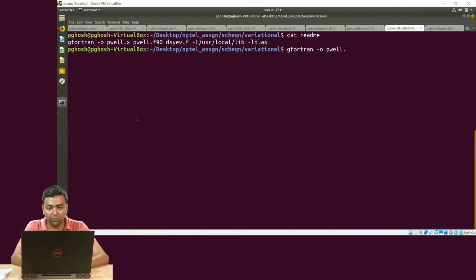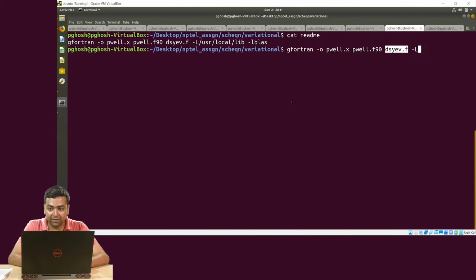The compiled output is stored in this file, pw.val.x. Then the name of the main program which I want to compile, the name of the subroutine which I will be using to diagonalize this matrix, and this particular subroutine needs to be linked to your BLAS library. So, that is done in the following way.